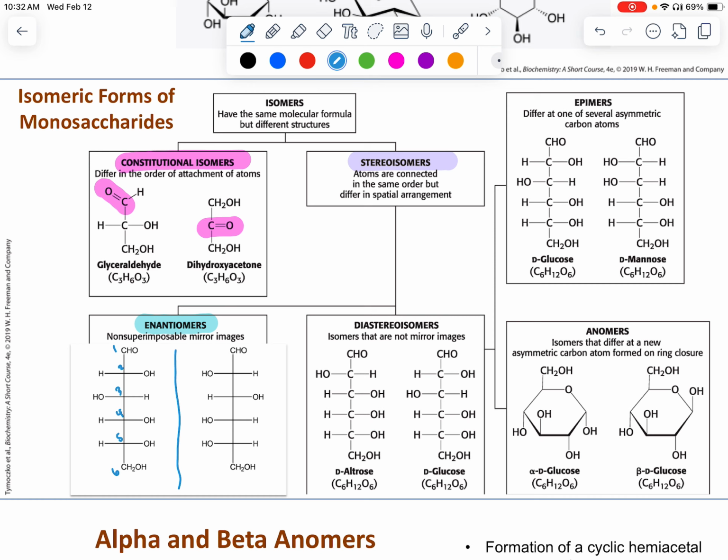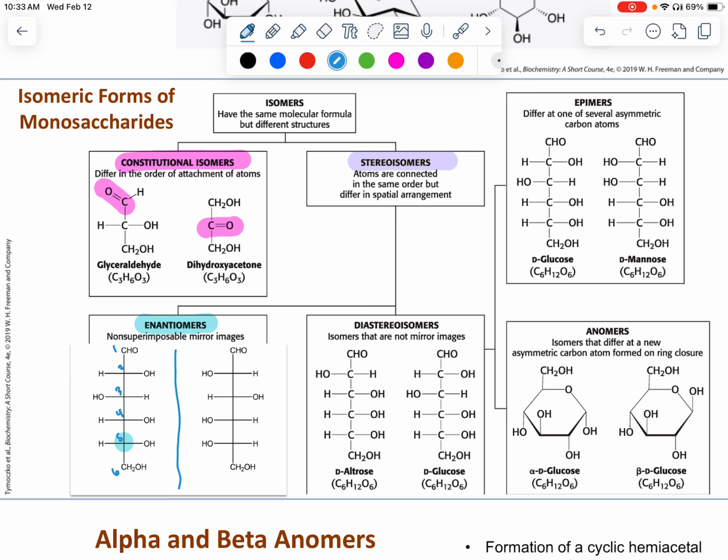And the chiral carbon that is as far from the carbonyl group as possible is going to be the one that determines the D or L. Carbon 6 is not chiral, so that chiral carbon that's as far as possible from the carbonyl would be carbon 5. And generally, it is going to be that penultimate carbon.